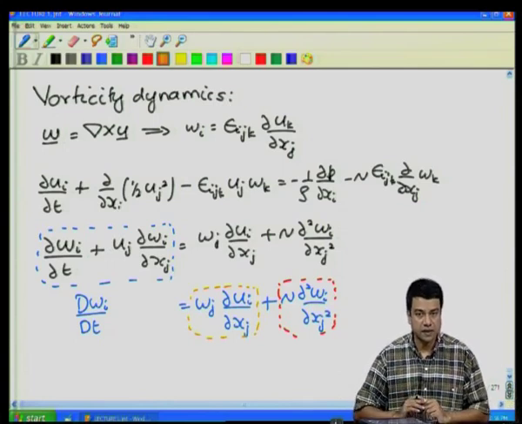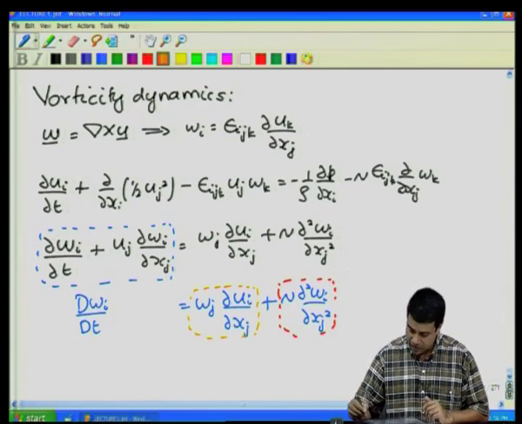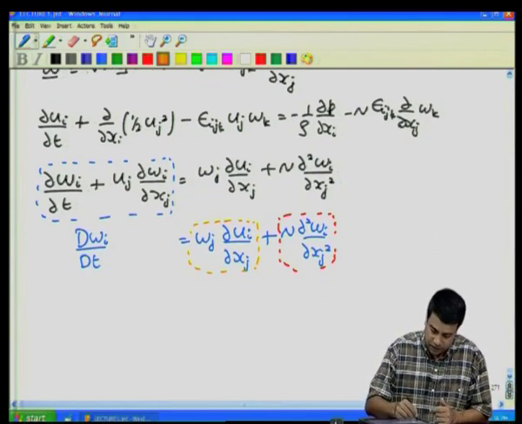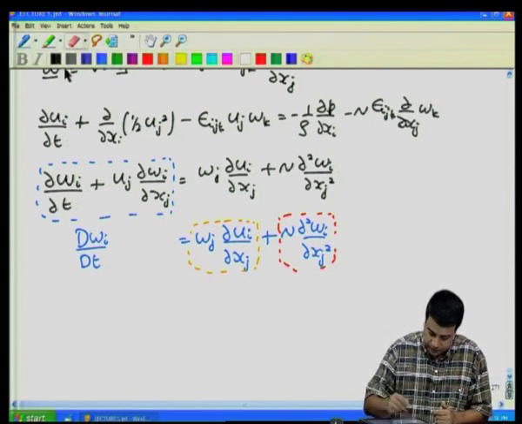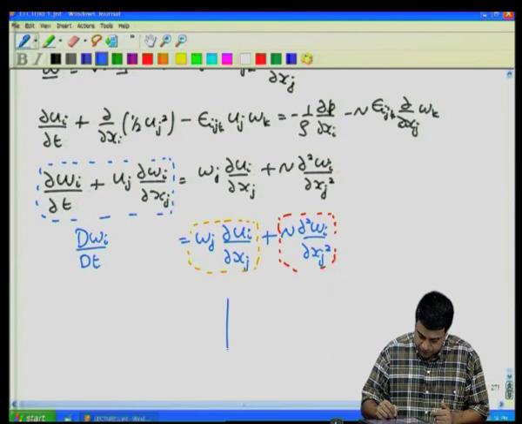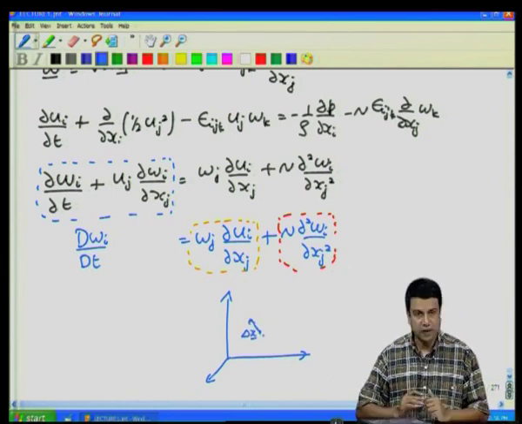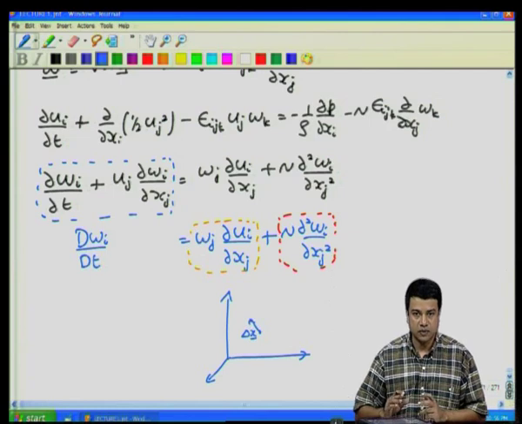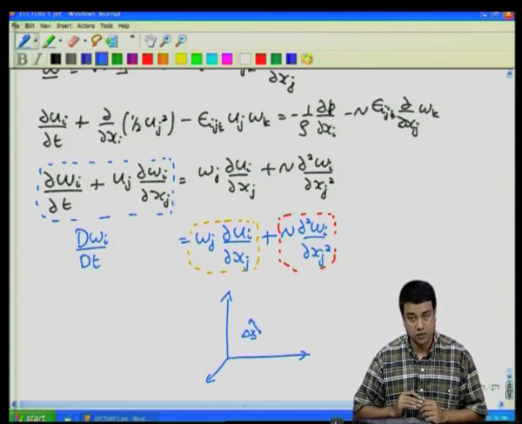This we had derived in the last lecture, and I had given you a physical interpretation of this. The physical interpretation was, if I had within a fluid flow field some line segment delta x vector, and this is a material line segment, that is, it is moving along with the fluid, moving with the same velocity as the fluid at each point within this line segment.